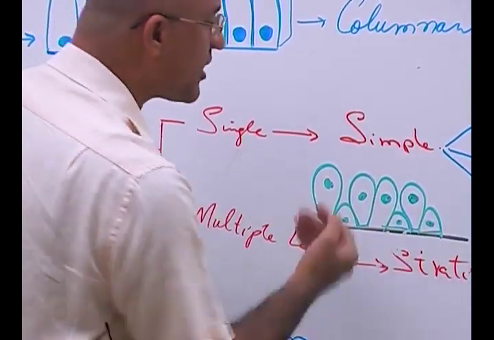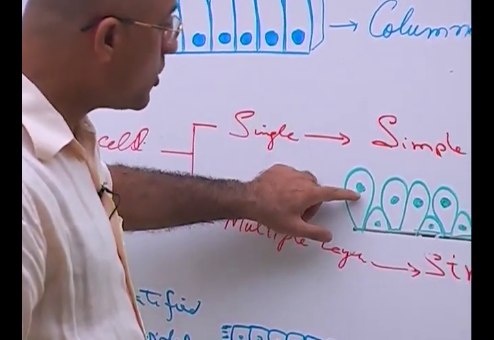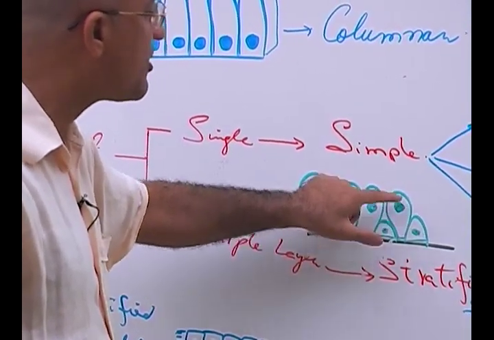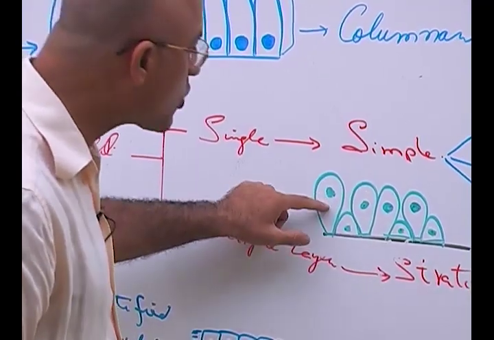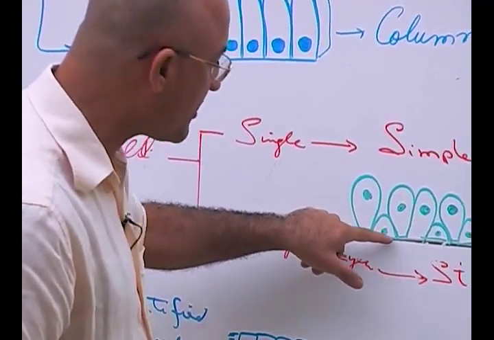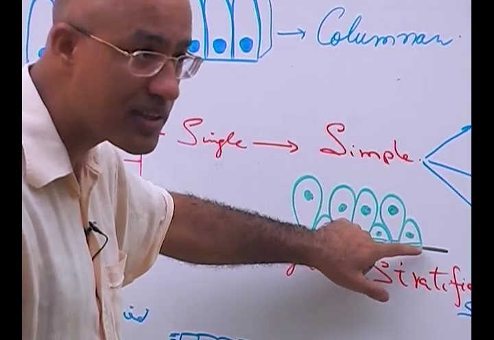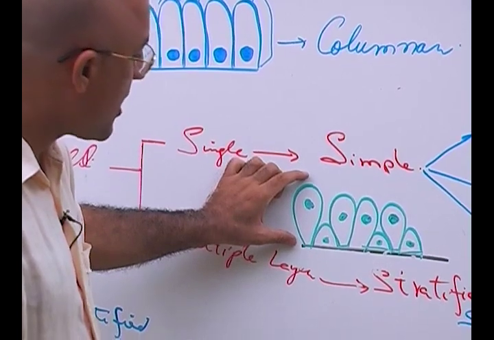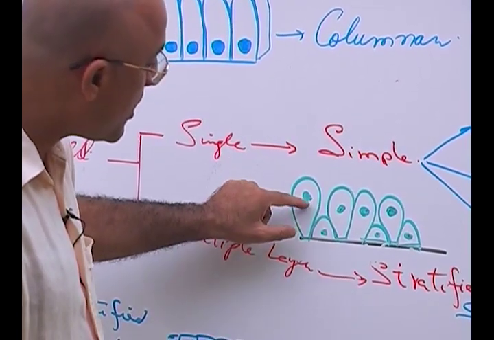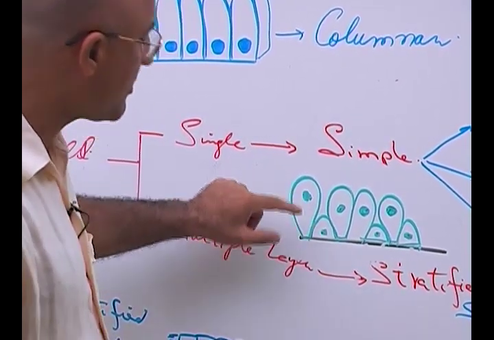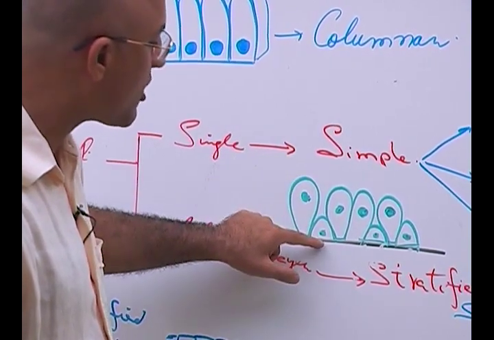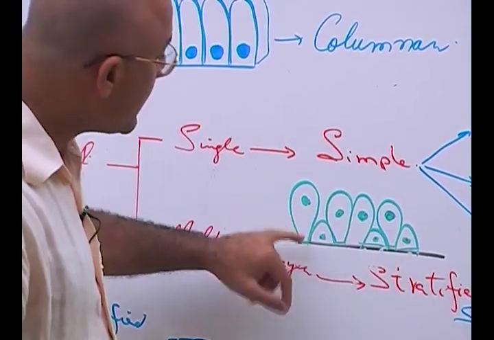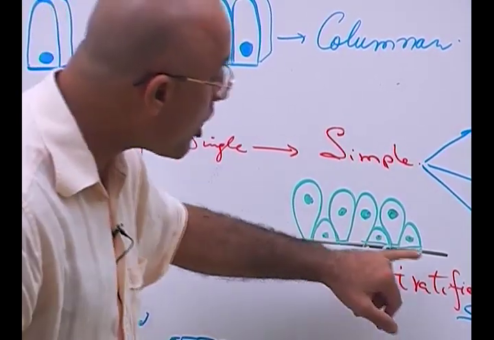So when you make a section under the microscope, due to the presence of nuclei at different levels, it looks as if this is stratified epithelium, but actually it is not stratified because every cell is resting on the, what is this? Basement membrane. Right? So apparently it looks like stratified epithelium, but why? Because some cells are tall and some are not, and nuclei are present at variable height. Is that right? So it is not truly stratified.